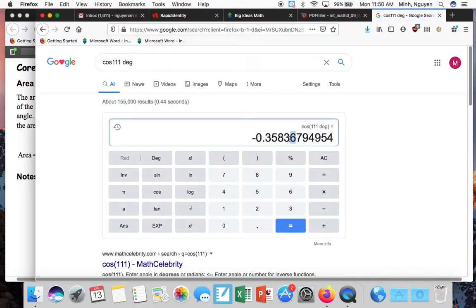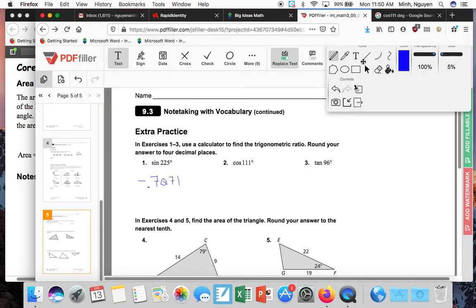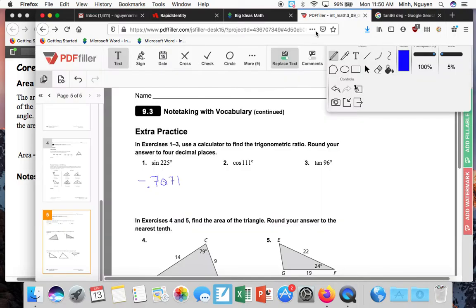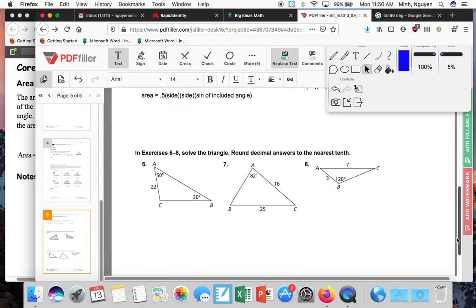Oh, the 6 makes that go to a 4, so negative 0.3584. And then tan 96. You get the idea. Boom, there it is. 1, 2, 3, 4 places, but the 6 rounds it up to a 4. So negative 9.5144. This is all, number 1 through 3 is just calculator work. There's not too much thinking involved, if any.